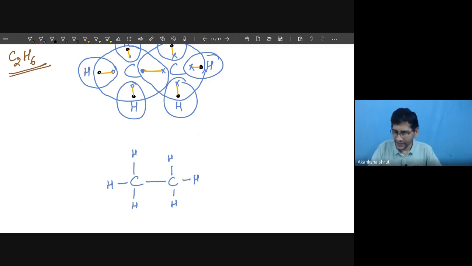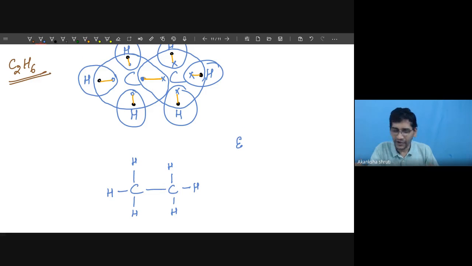So students, the important point here is that carbon can form a maximum of 4 bonds. Just by observing that, we can write the formula very quickly. So write that point.